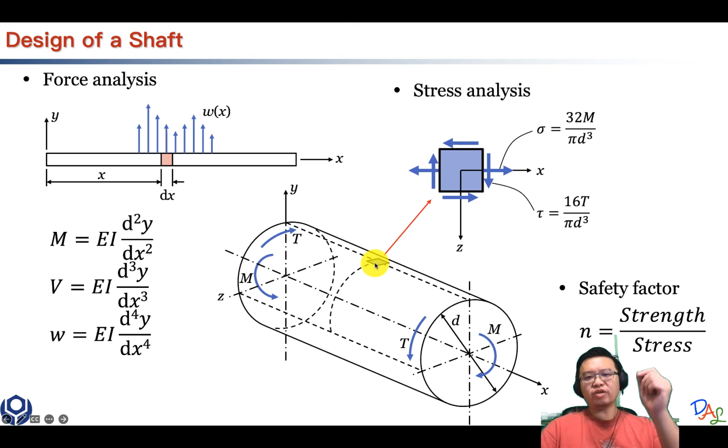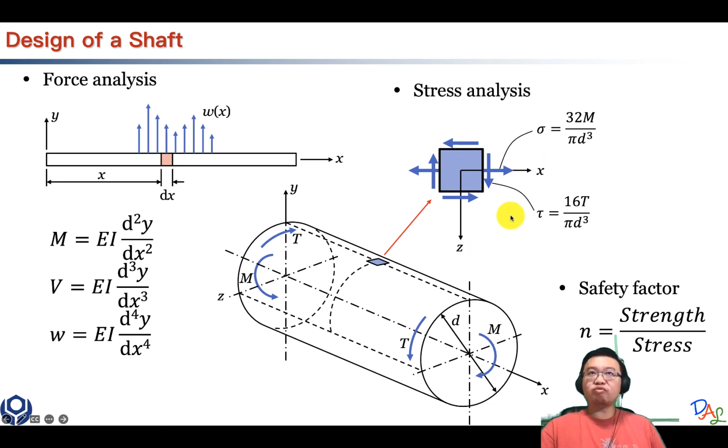Then we can estimate the stress sigma and tau at the material, and afterward we can consider its safety and check whether this material is safe. So that's how the left hand side force analysis is related to the right hand side stress analysis.